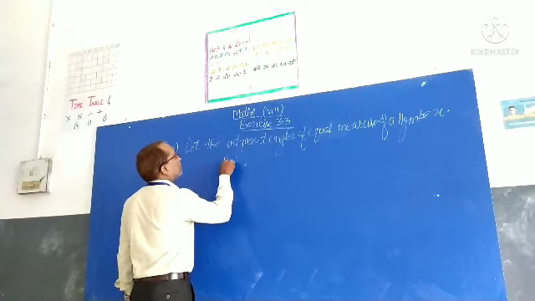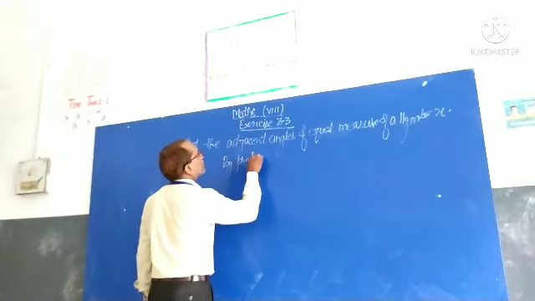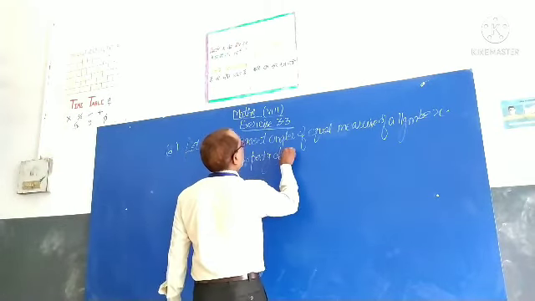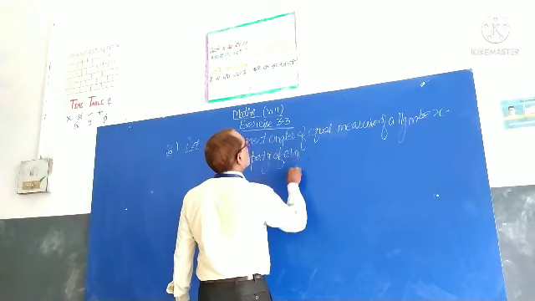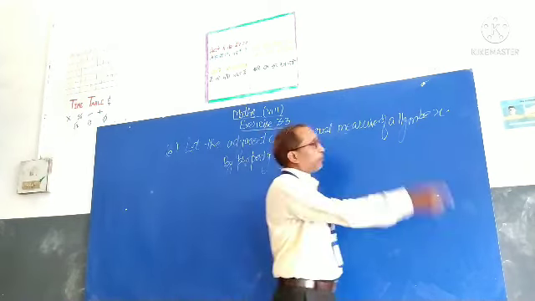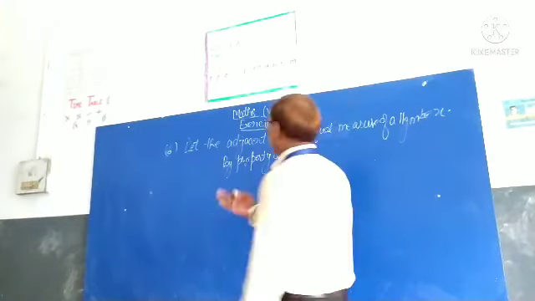By the property of parallelogram, we are able to write the sum of adjacent angles of a parallelogram is 180 degrees.